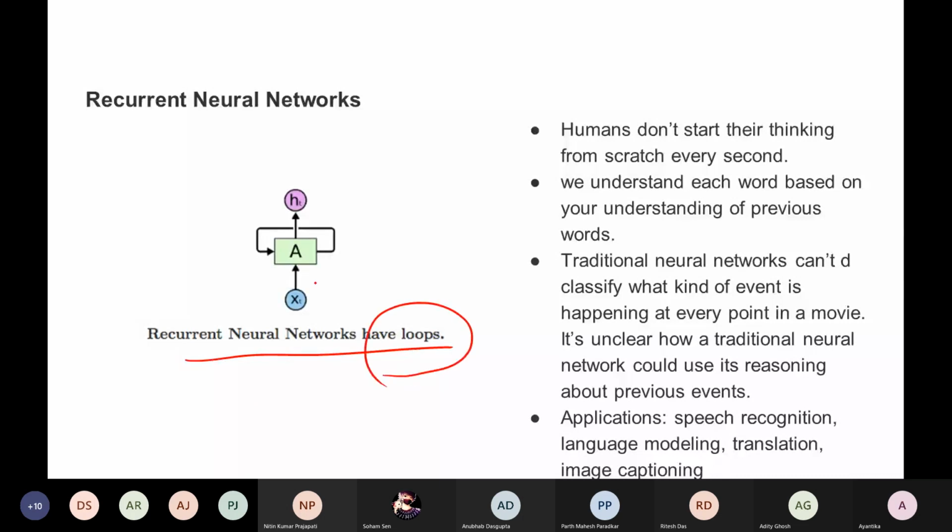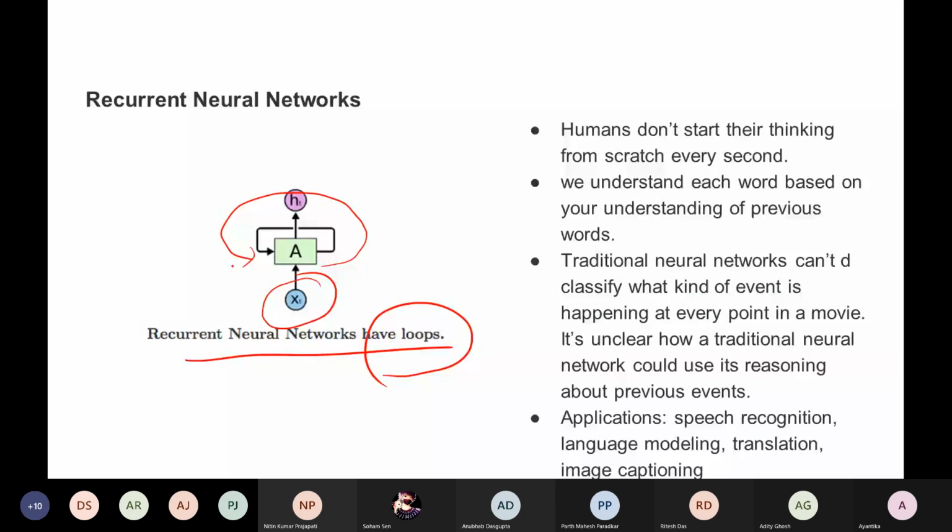You can see this is your network and you have some temporal input at a particular time. You are considering that input xt, getting output, but this loop is getting associated.